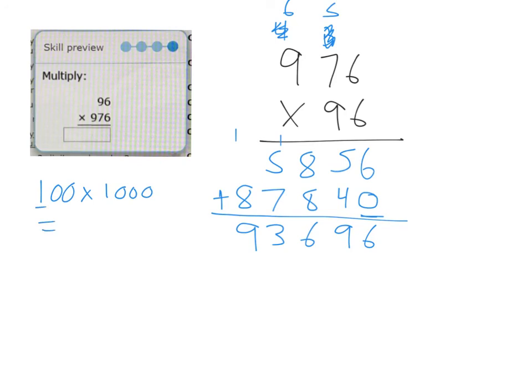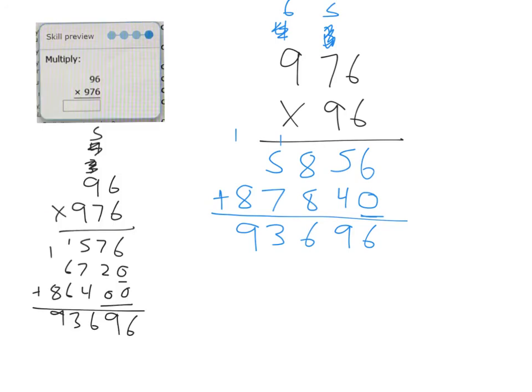So that would be 1 times 1 is 1 with 1, 2, 3, 4, 5 zeros. So my estimate is 100,000. My answer is 93,000. I rounded up for both those numbers, so it makes sense that that's a little high, but that's relatively close. It's not like off by 100,000, so I'm happy with that.